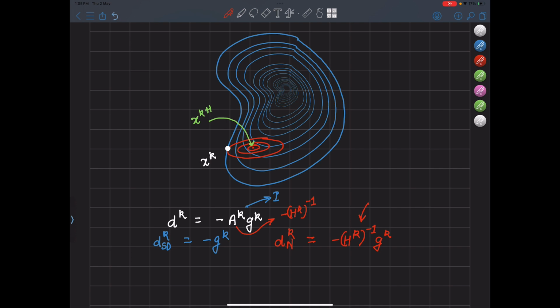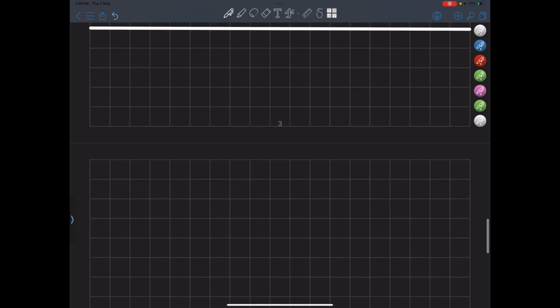So this is the motivation behind Newton's method. Now let's look formally at Newton's method.